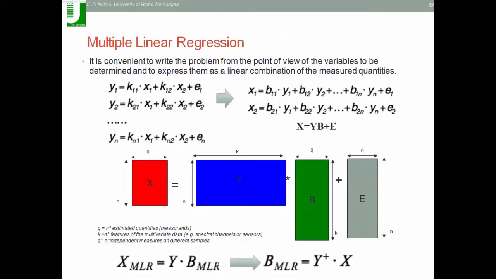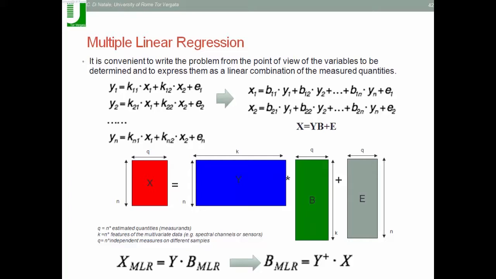So let's go back to our story, because now we can solve the problem as a multiple linear regression. We can calculate the matrix connecting the observable to the variables in which we are interested. So this is the formula, and this matrix B is the regression matrix, and it is calculated from the calibration data y cross.